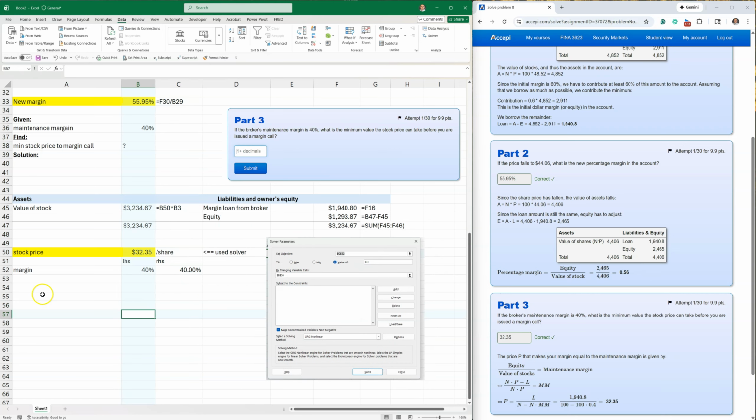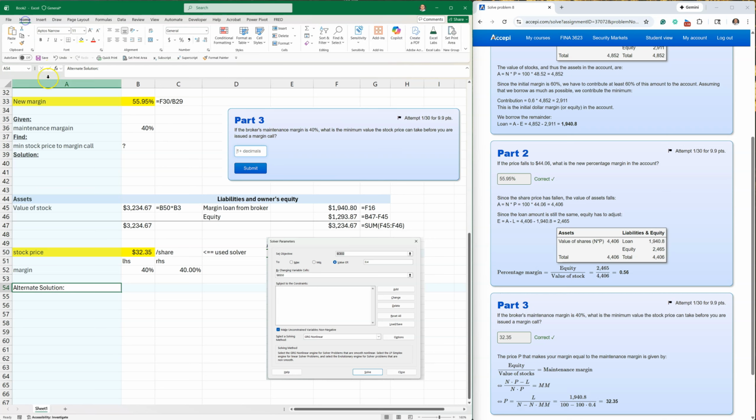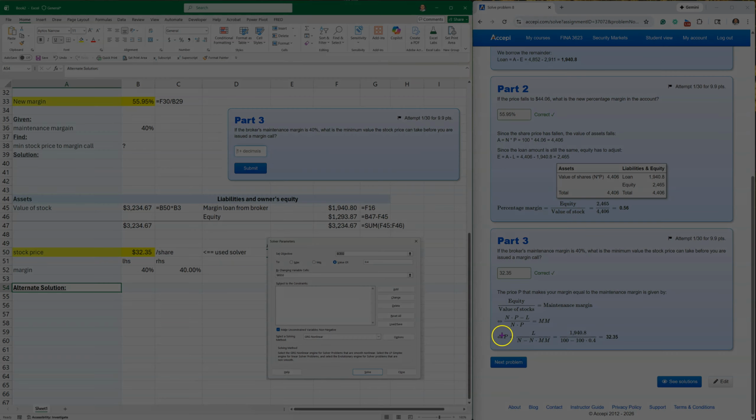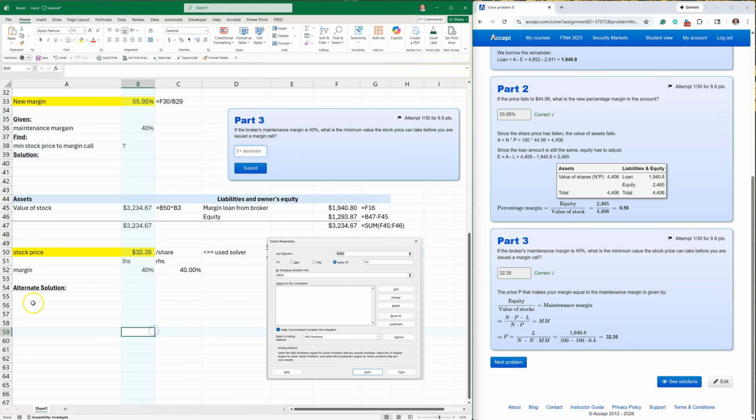Now, there's also an alternate solution, the way that your book showed you. Actually, it's probably a little bit easier if you know the equation. Let me get the equation from over here. Let's take the shortened equation. They already did this for you in the book, or in CEPI, right?